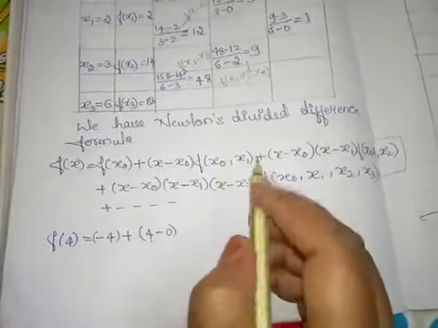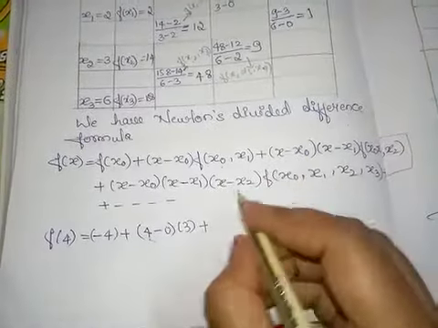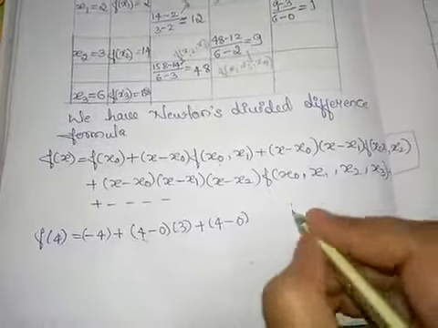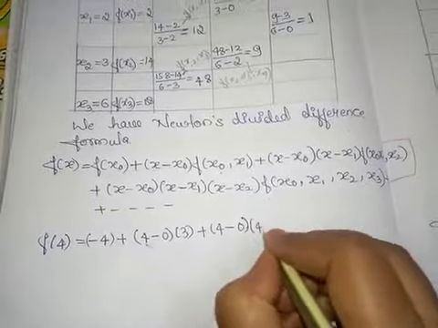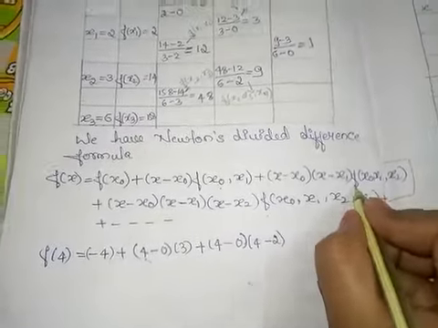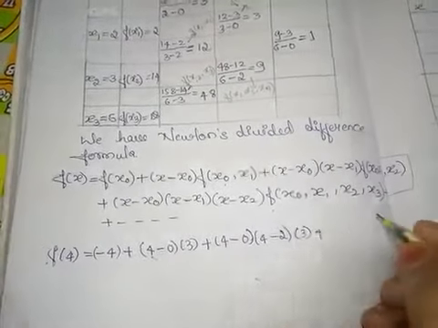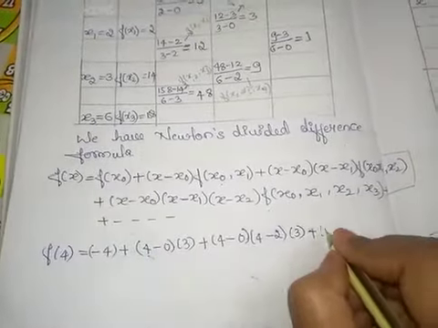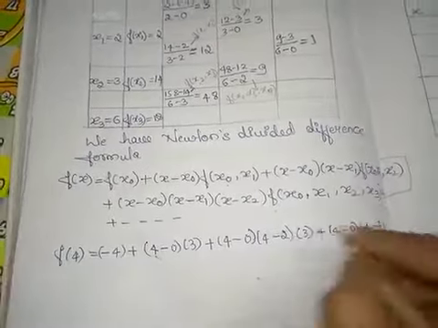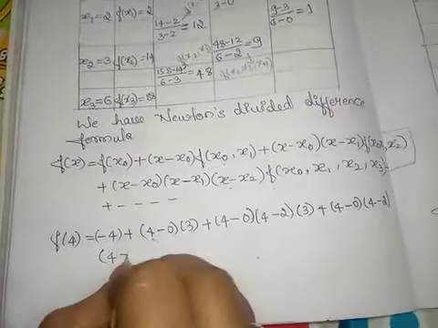F of x0, x1 value is 3, plus x value is 4 minus x0 value is 0. Again x value is 4, x1 value from the table is 2. F of x0, x1, x2 value is 3, plus x is 4 minus 0, 4 minus 2. Next term I will write here, that is x minus x2, 4 minus 3.